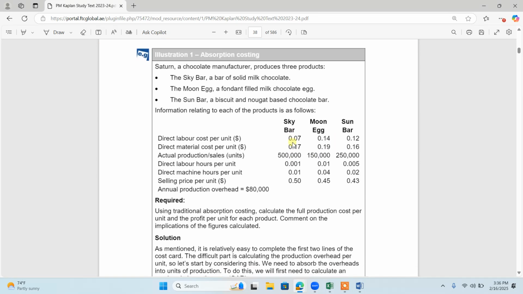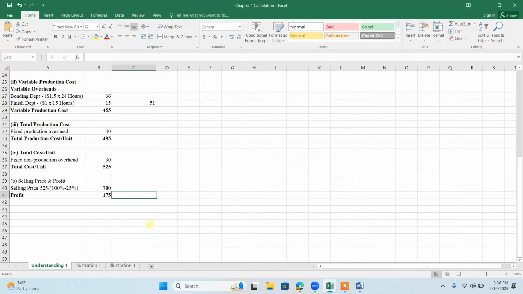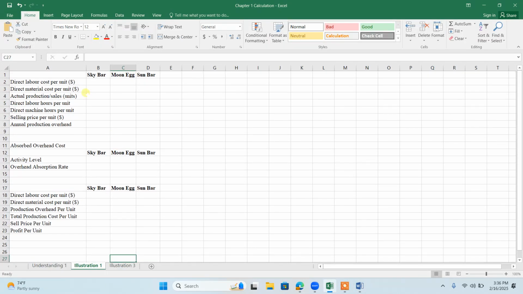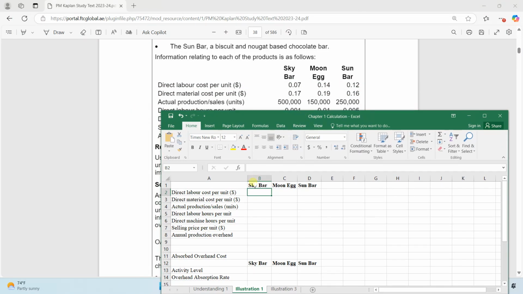Let me put this data into MS Excel. Direct labor cost per unit for the Sky Bar is 0.07. For Moon Egg, it is 0.14, and 0.12 for the Sun Bar. Direct material cost per unit is 0.17, 0.19, 0.16.